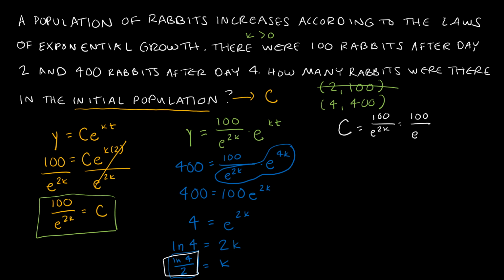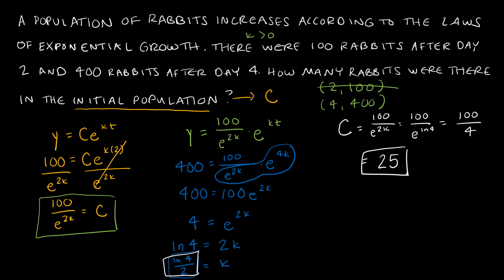So it's really just e to the natural log of 4. And 100 over e to the natural log of 4 is just 100 over 4. So we have just found that c is 25.